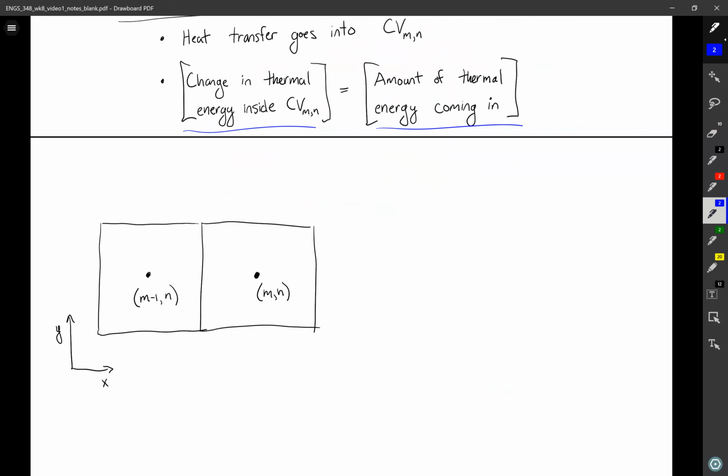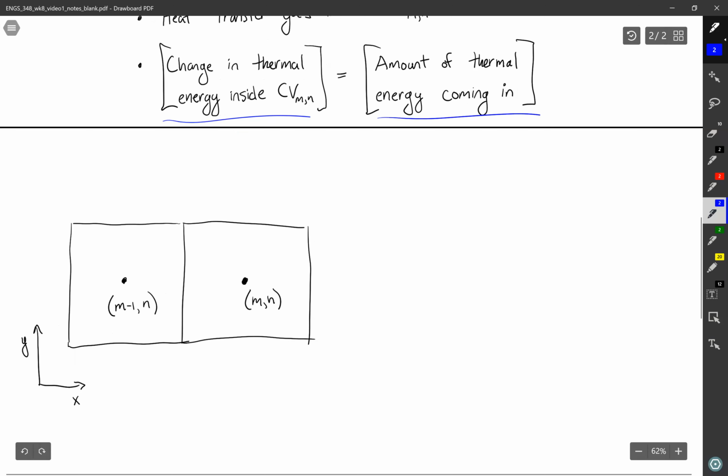Let's look at just one section of our box. Again, we'll look at this box, MN, and its left-hand neighbor, M-1N. We're going to be looking at heat going, we'll call this Q left, because it's on the left-hand side.